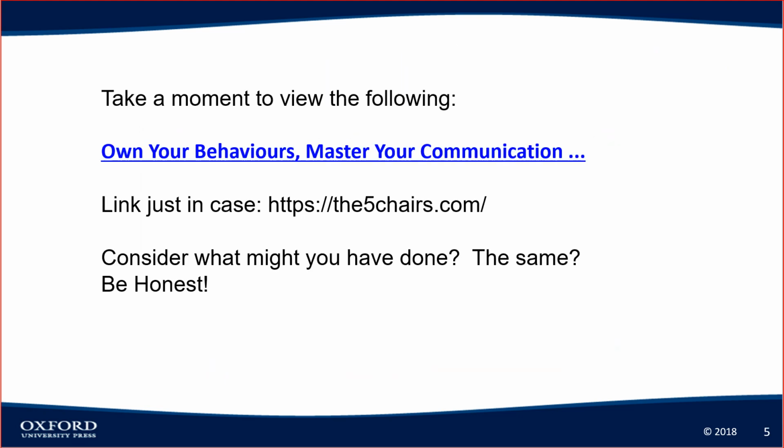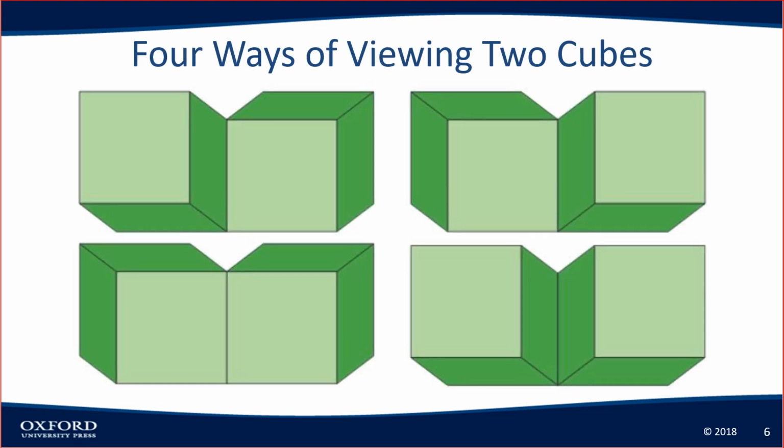There are 4 ways initially that our authors found that we can view these cubes. We can place them in different modes, if you will. It's very interesting that our perception process and our reality play a very important role.